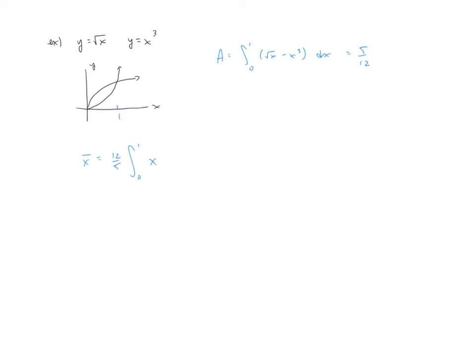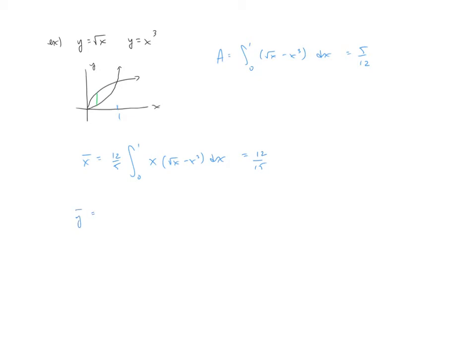So we're still going to have in here root x minus x cubed dx. Because we have these two curves, we're going to have a top minus a bottom for our actual height. And when you compute that, this gives you 12 over 15.